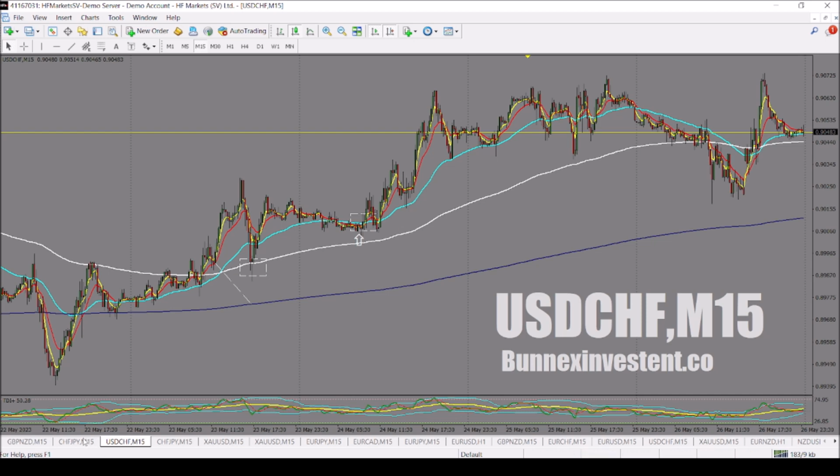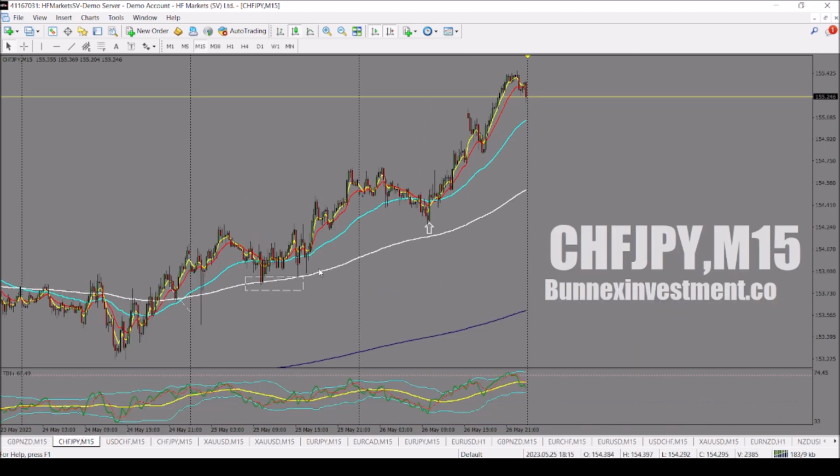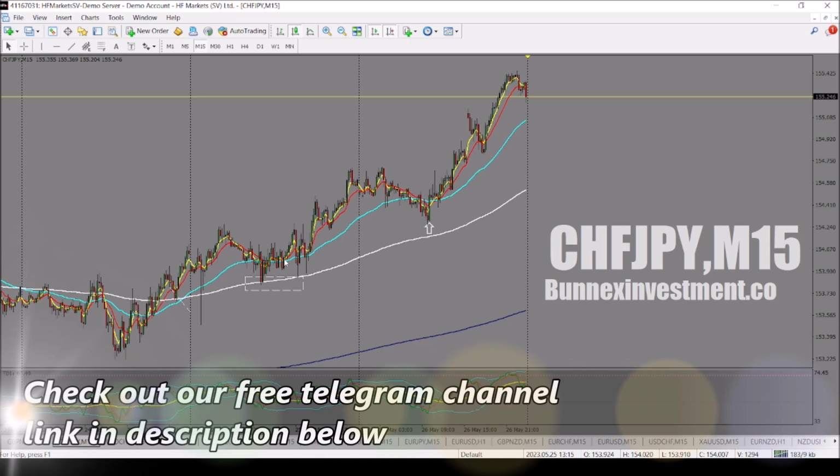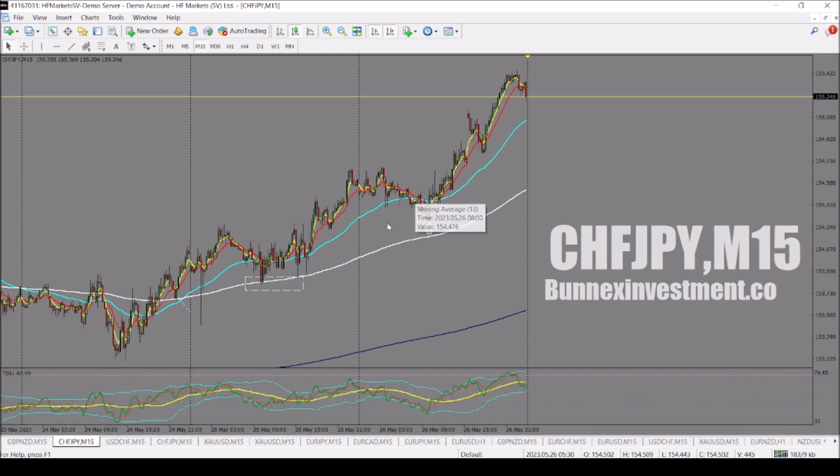If we check again on this pair, we can see as well that from this 200 EMA cross, the market came back, made a pullback to the 50 EMA, and then it went right up like that. So this is the basis of the strategy that we talk about.